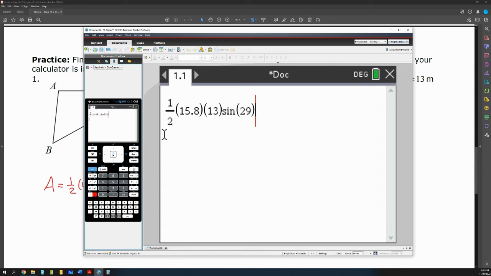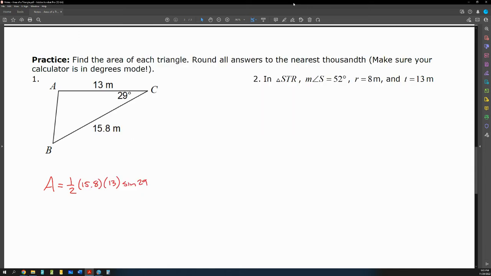And in fact, you can just type it into your calculator exactly as you see it like this. We're going to hit enter. It's going to give us a decimal approximation. As always, double check that you're in degrees mode. Okay? Because 29 is represented in degrees, we need to calculate in terms of degrees. So rounding to the thousandths, we have 49.790. So the area is equal to 49.790, and then our units, square meters.